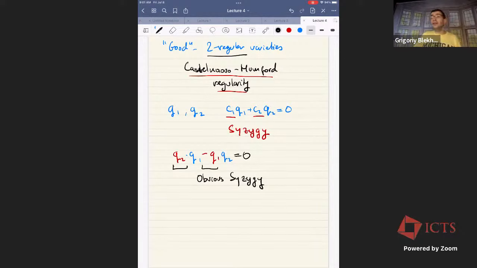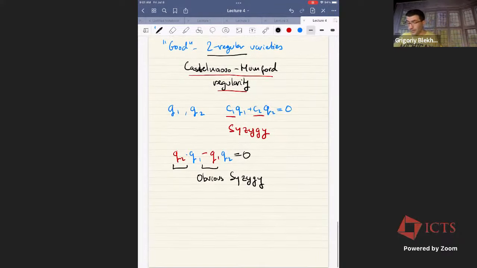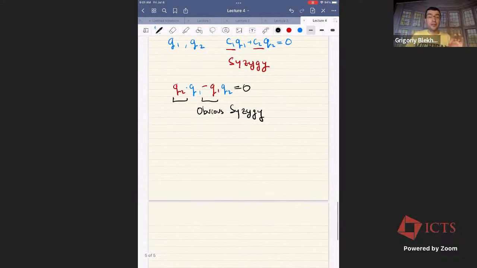But if I take two quadratics that are random, there are really not going to be any more interesting syzygies than this. The only syzygies are the obvious syzygies. But if I take special quadratics, then interesting things might happen.